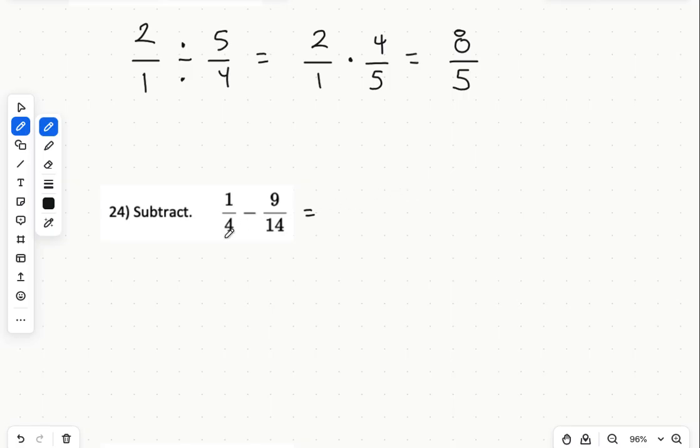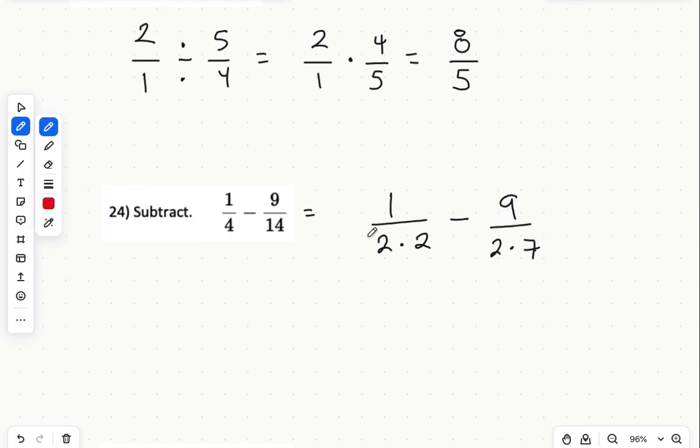I need to find the smallest number that 4 and 14 both go into, and so I'm going to do a little bit of factoring over here. I'm going to take this 4 and I'm going to think of it as a 2 times a 2, and I'm going to think of this 14 as a 2 times a 7. So what I need is for these two denominators to be the same.